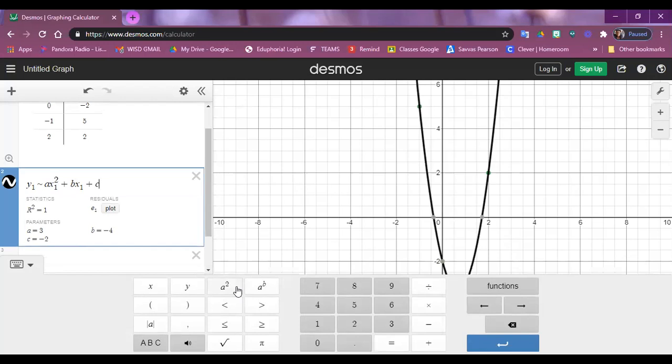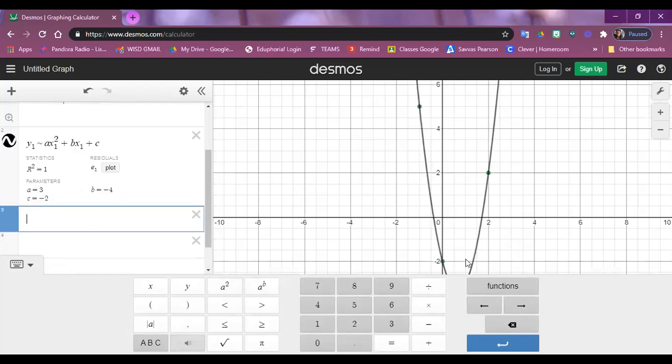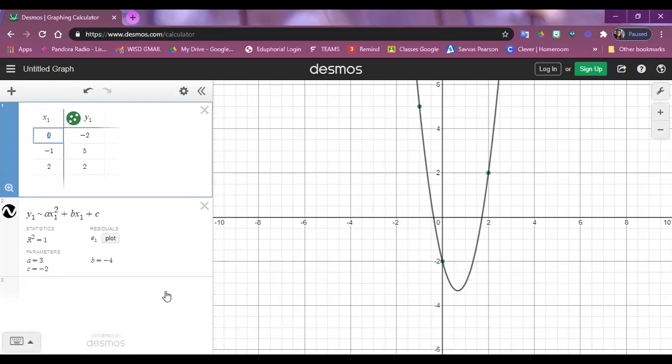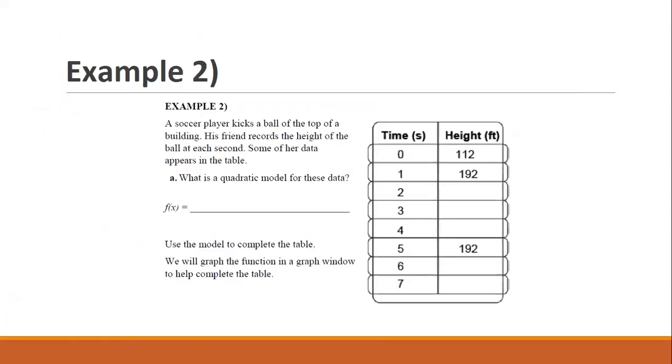Now, the beauty of using Desmos is that once you've done it one time, when you're going on to your next problems, if you just change the table, it'll change what's given below. So if we look at example 2 in our notes, a soccer player kicks a ball off the top of a building. His friend records the height of the ball at each second.